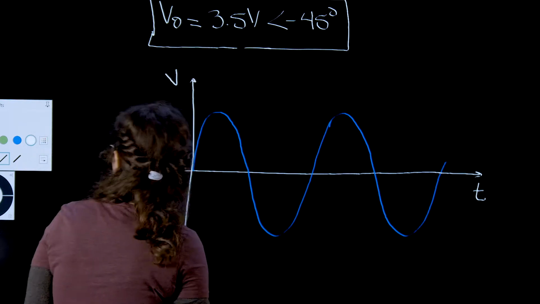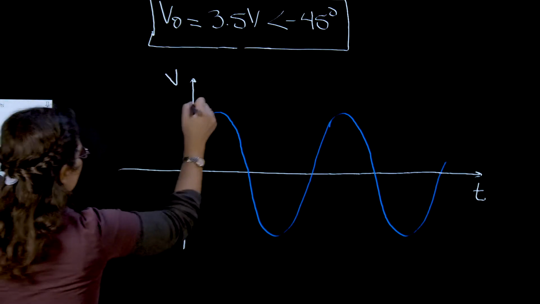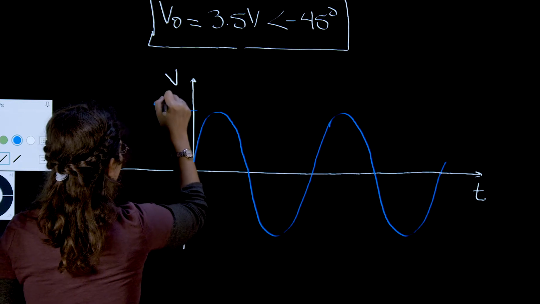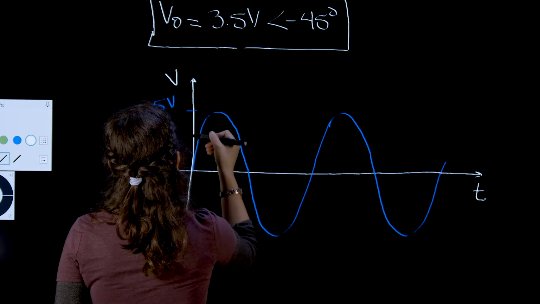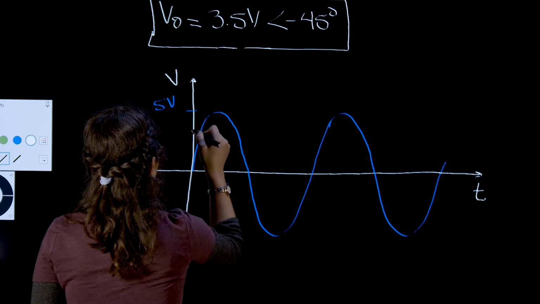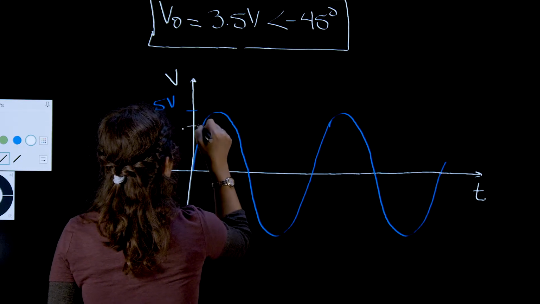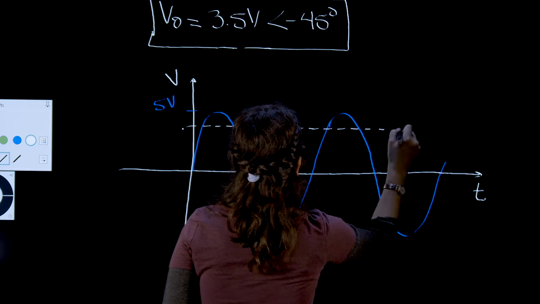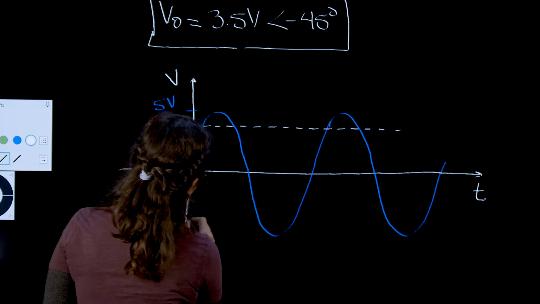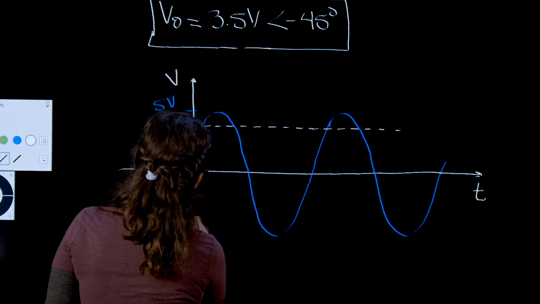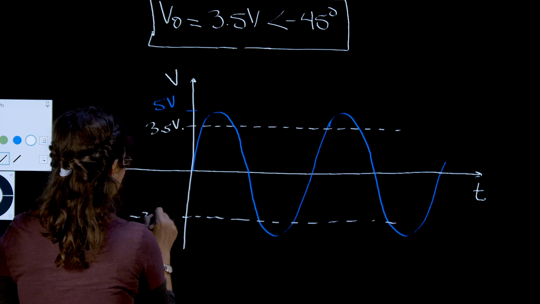And my output voltage would be 3.5, let's say this was 5 volts here, and 3.5 volts would be somewhere around here, and somewhere around here, minus 3.5 volts.